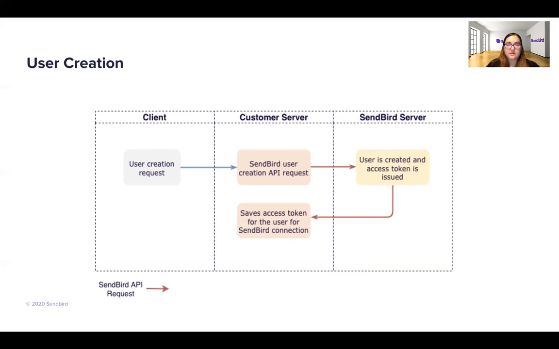Your server can save this access token ahead of time for the user for when they actually want to connect. So this user creation can be done ahead of time. If you don't want the client creating these users ad hoc, that's fine. Just have them created ahead of time.